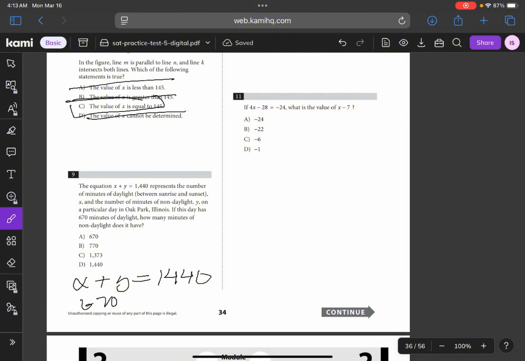So 670 plus y equals 1440. So the way that we solve this is, again, subtract 670 from both sides, and we have y equals 770. So y equals 770.